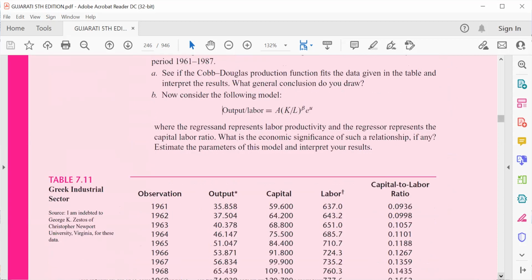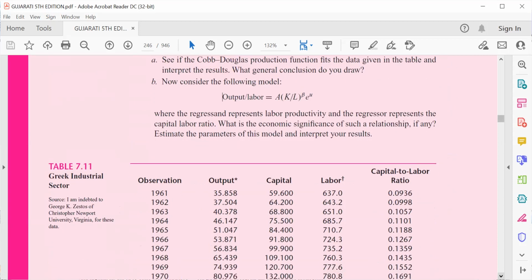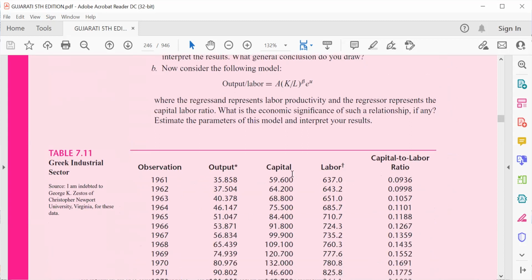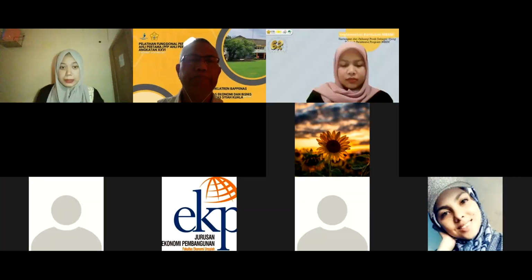We can use this table 7.11. We have output, capital and labor. Let me show you how to calculate this table 7.11.